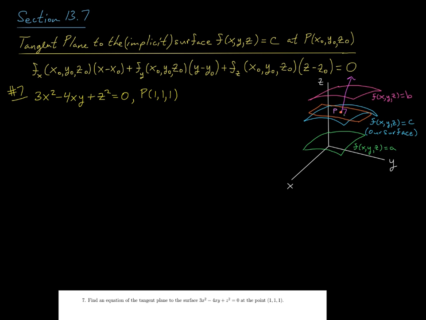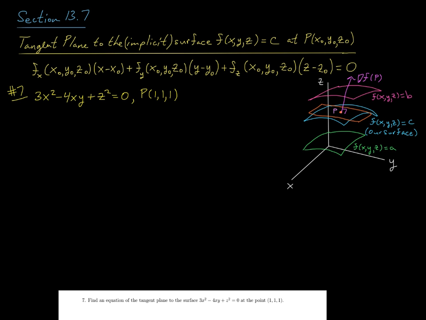And if it's perpendicular to our surface, then it'll be perpendicular to this tangent plane that passes through P as well. So this is the gradient of this function f evaluated at our point P.